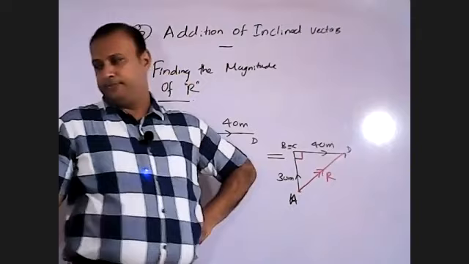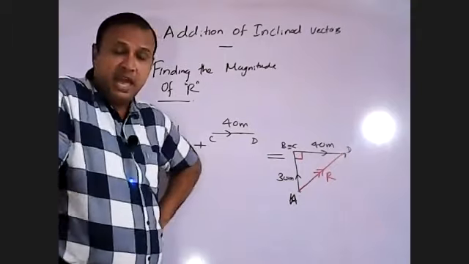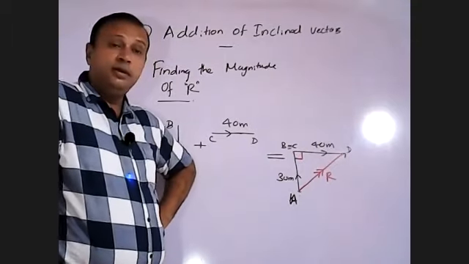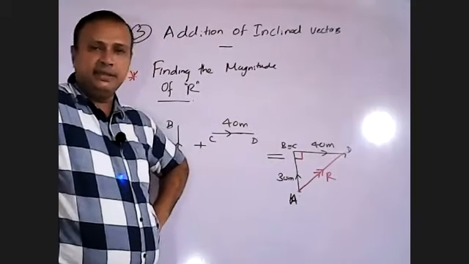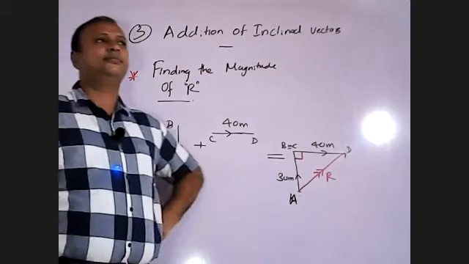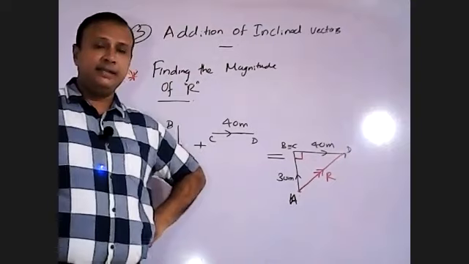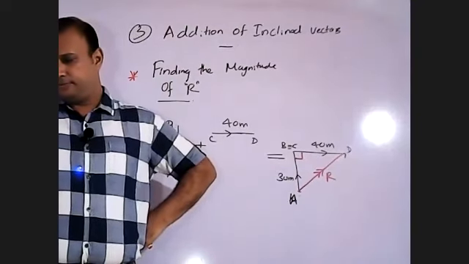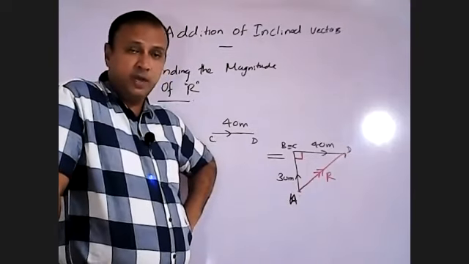Therefore, we have to calculate the AD length to get the magnitude of the resultant vector.